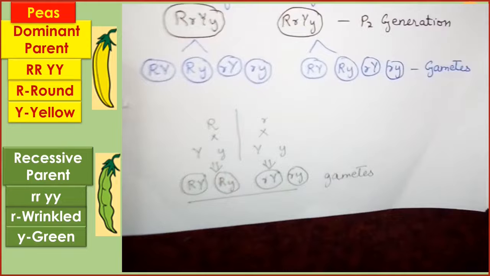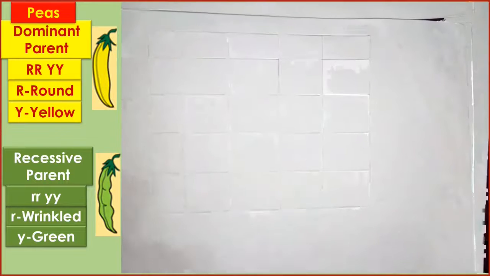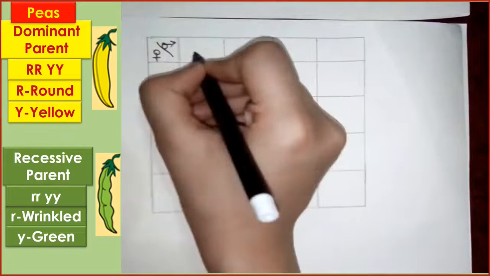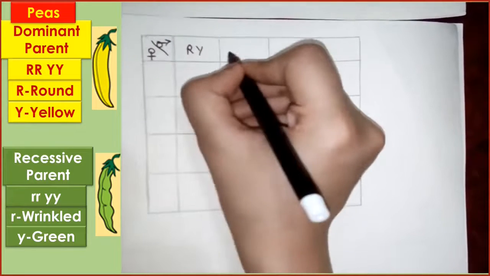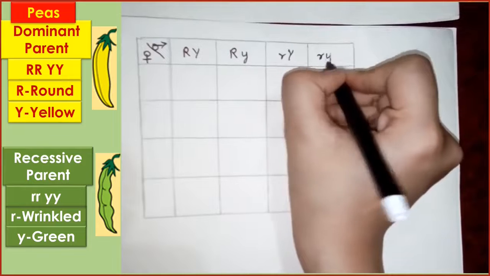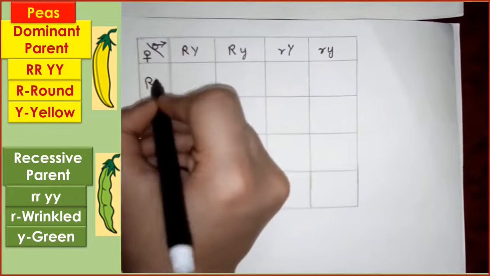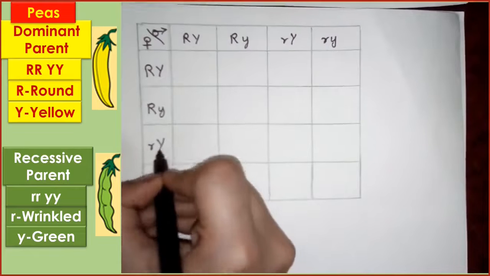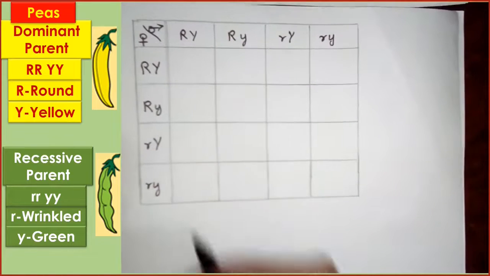Now we will take these gametes in the Punnett square. On one side there will be gametes of one parent and on the other side there will be gametes of the other parent. And then we will make a cross between them in order.